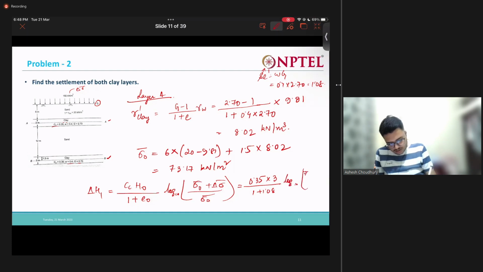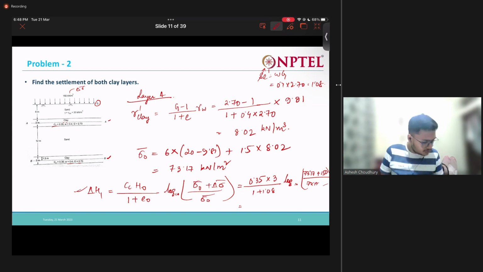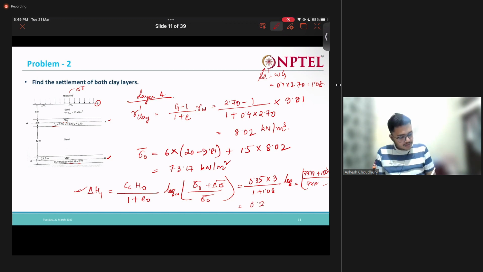log of (73.17 plus 150) by 73.17. Please find this out, do the calculation for this one, and let's see how much it comes. 0.35 into 3 by 1 plus 1.08 and so on, and it comes to 0.2447 meters, or you can say about 24.5 centimeters.